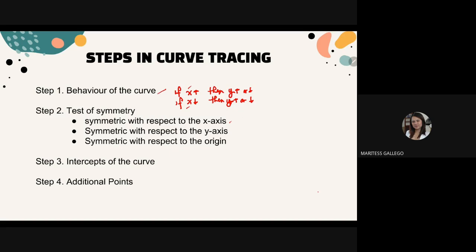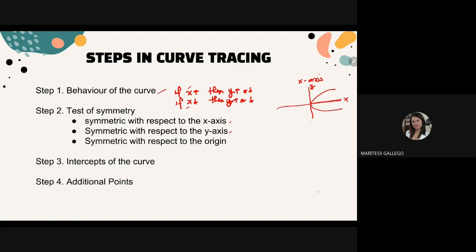If it is with respect to the x-axis, with the x-axis and y-axis, your graph would be like this. It is a mirror image: your graph in the first quadrant is a mirror image of the fourth quadrant. Hence, it is symmetric with respect to the x-axis.